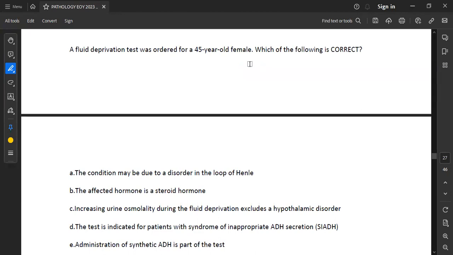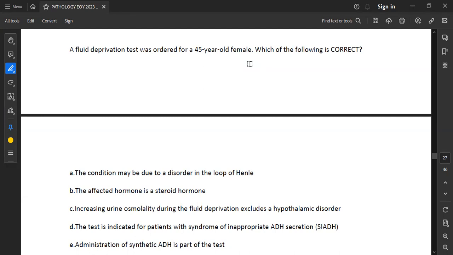The first part of the test is for people with diabetes insipidus. We deprive this person of fluid. A normal person will have less urine output that's more concentrated, like the person in SIADH. But for people with diabetes insipidus, for whom this test is usually done, they'll have more dilute urine. The urine output is still a lot.